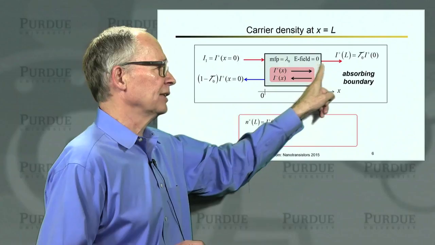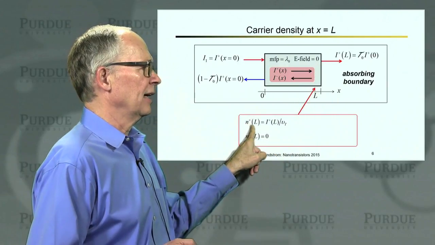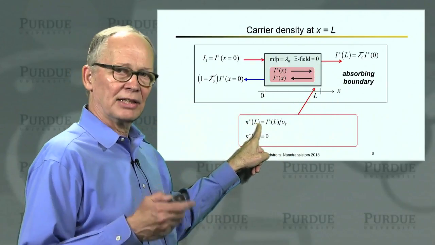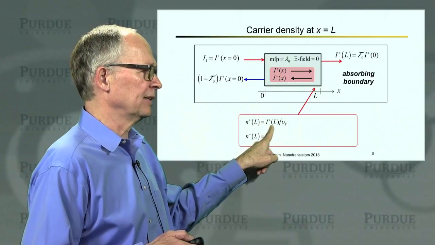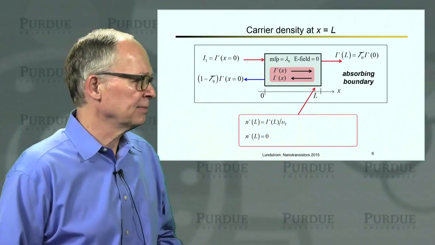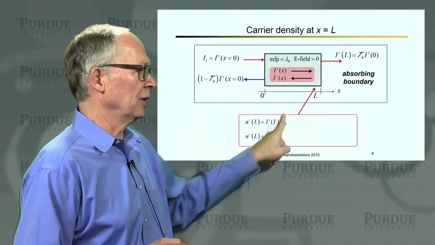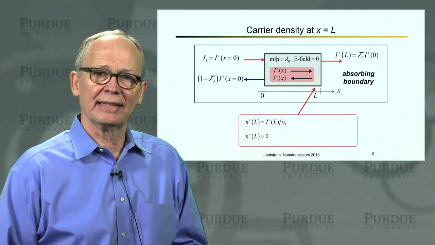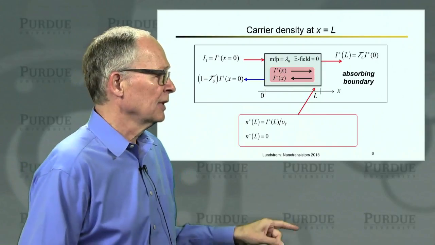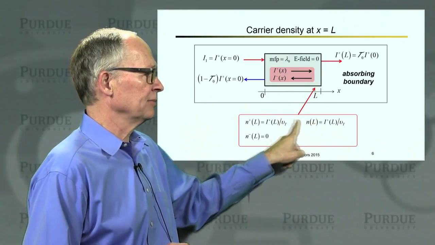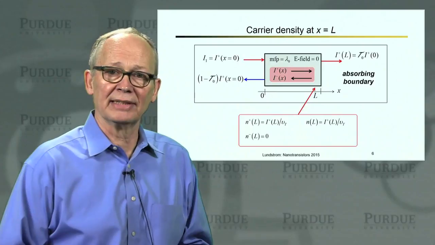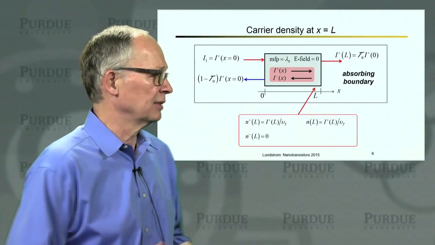So there I have a positive flux, and an electron density due to electrons with positive velocities. It's the positive flux divided by their velocity. But because of my absorbing boundary, at x equals L, I have no electrons at that point with negative velocities. So the total electron density is just given by the electron density due to electrons with positive velocities.